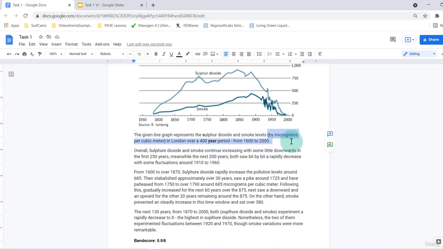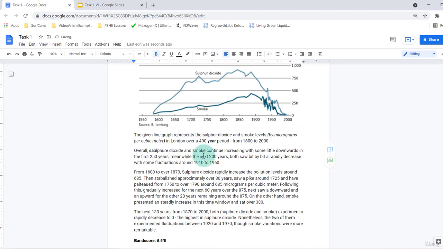By adding the brackets, it gives less importance to this extra detail. Before brackets, it was too much of a long sentence. By adding brackets, it gives a little bit of rest and keeps the important information emphasized. Okay, let's move on. Overall, sulfur dioxide.